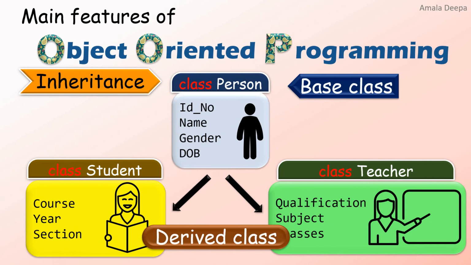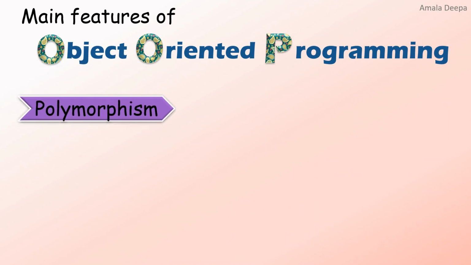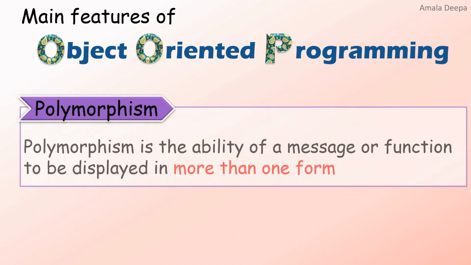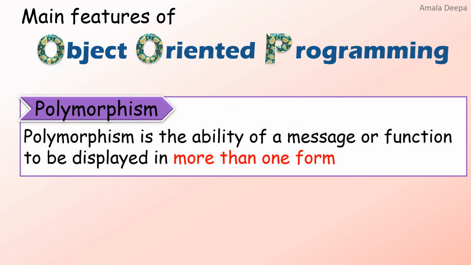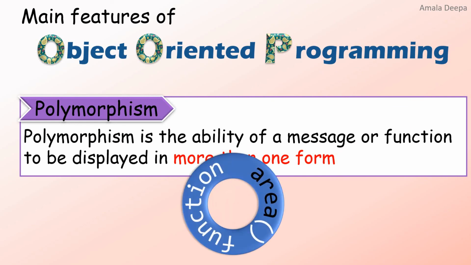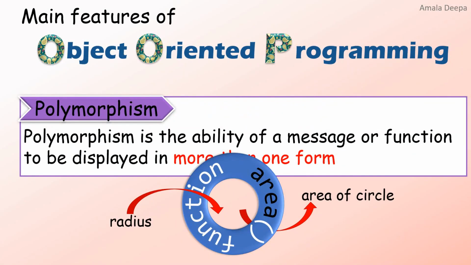The next feature of object-oriented programming is polymorphism. Polymorphism is the ability of a message or function to be displayed in more than one form. Suppose I define a function called area in such a way that when I give the input as radius, it gives area of circle as the result.